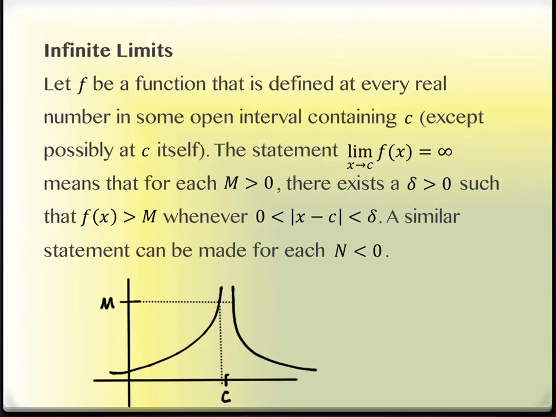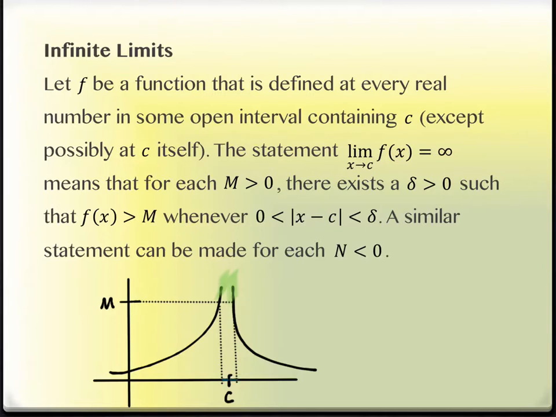There is some interval surrounding c that if I get close enough to c, I'm above M. So I'm in these regions up here if I get close enough to c. And that interval around c, mine doesn't look great in terms of it being evenly distributed, but that interval around c is that space delta.